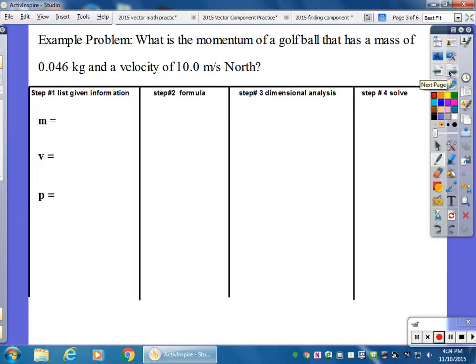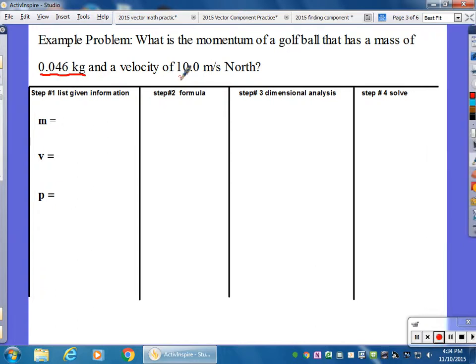So moving along. Here's an example problem of how to calculate momentum. It says, what is the momentum of a golf ball that has a mass of 0.046 kilograms and a velocity of 10 meters per second? So pretty straightforward stuff. You've got the mass in kilograms, you've got the velocity, and you've got the formula, which is P equals mass times velocity.